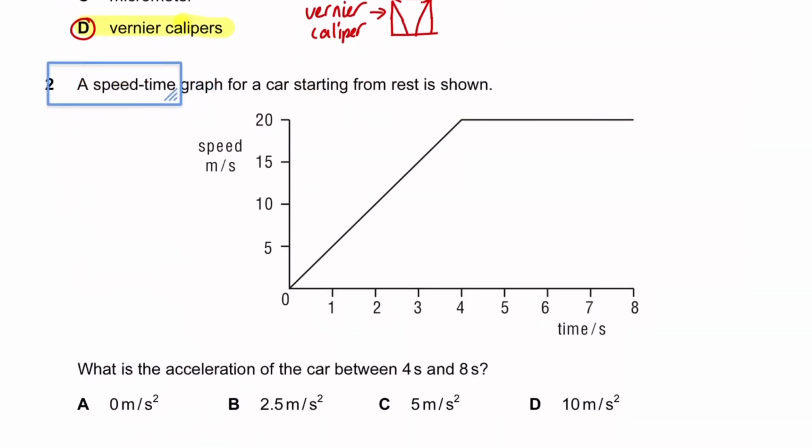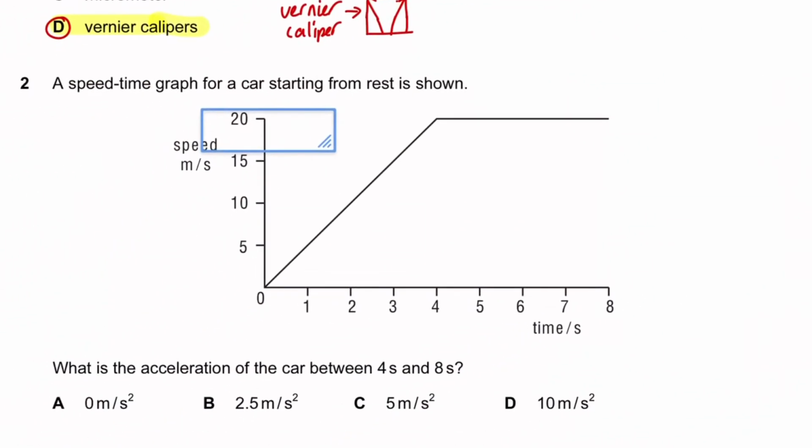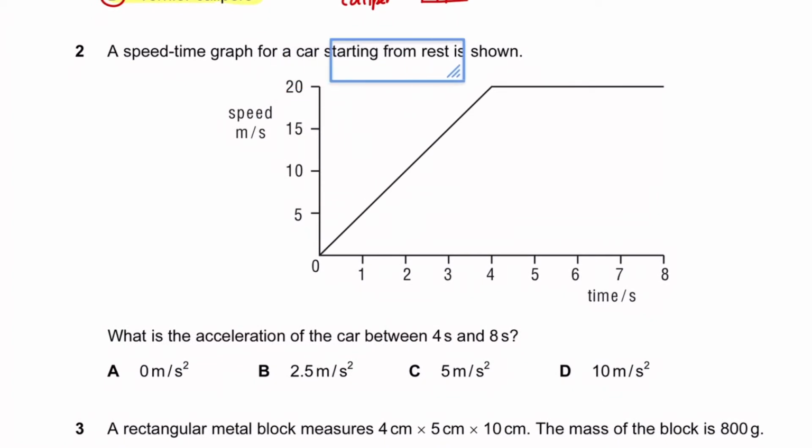Alright, moving on to question 2. A speed time graph for a car starting from rest is shown here, as you can see in this diagram. Okay, this stylus does not work properly. The graph is plotted with speed against time axis. What is the acceleration of the car between 4 seconds and 8 seconds?